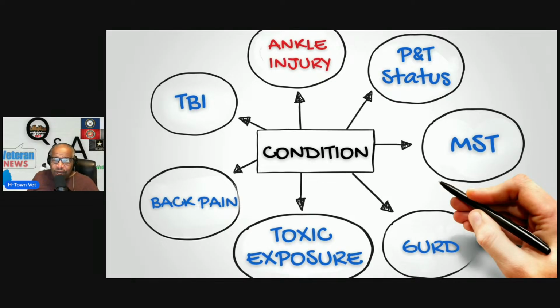But those are that direct service connected, like back pain, TBI, MST, GERD, you're looking at the symptoms for these different conditions and how severe they are for each condition. Some conditions you may get service connected for, others you may not get service connected for. Some you might get deferred because they want more information about it based on their measuring your severity level for those conditions.